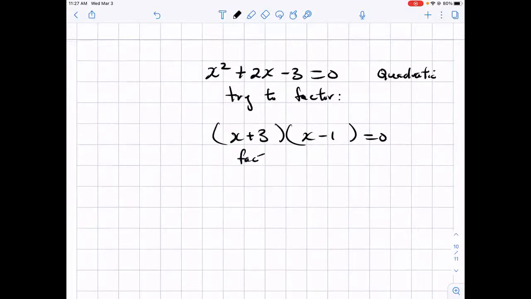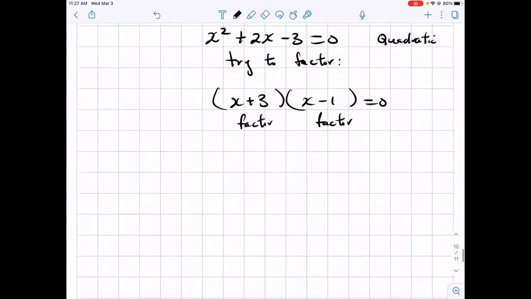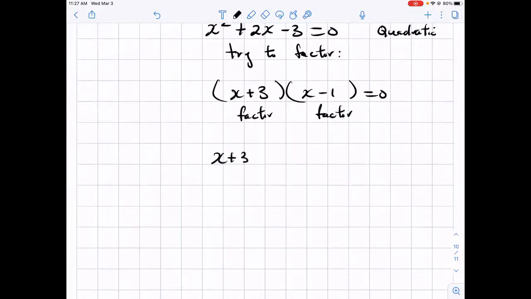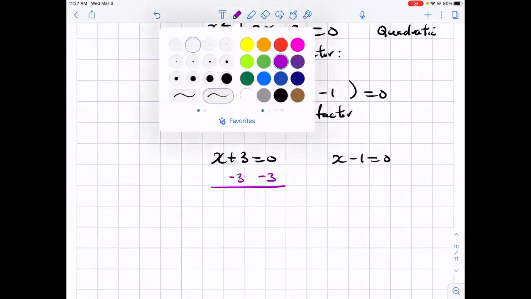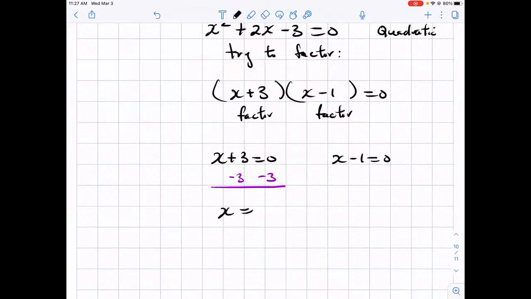This is a factor, and this is also a factor. So we can take each factor and set them equal to 0. And then we solve, so we minus 3 on both sides. So x is equal to negative 3.